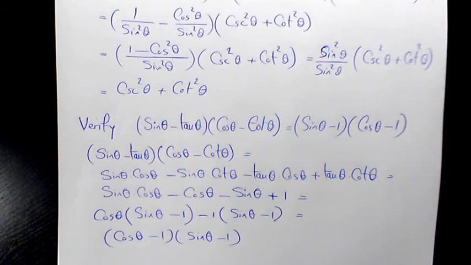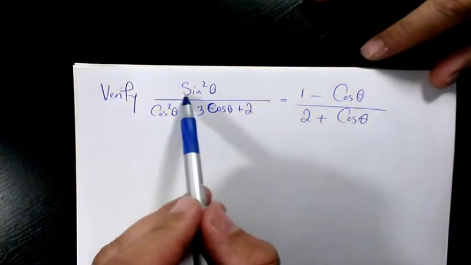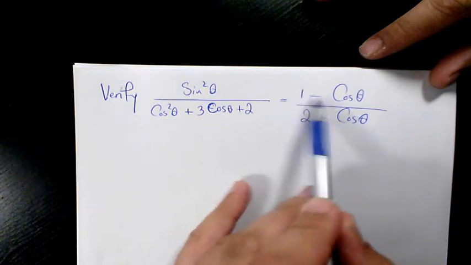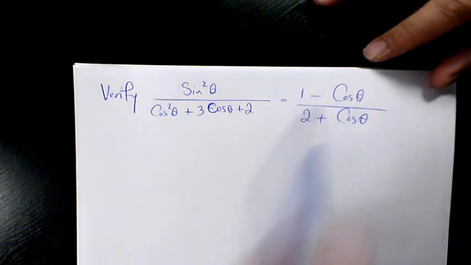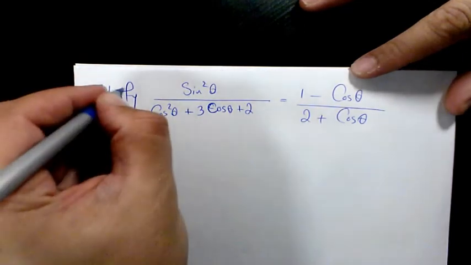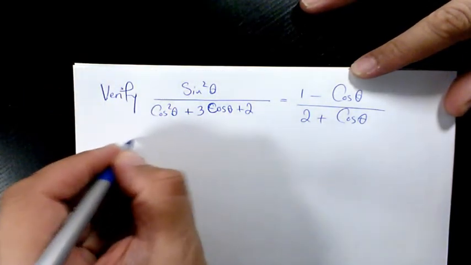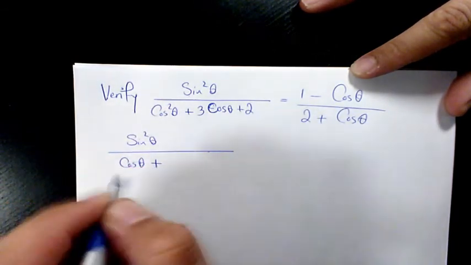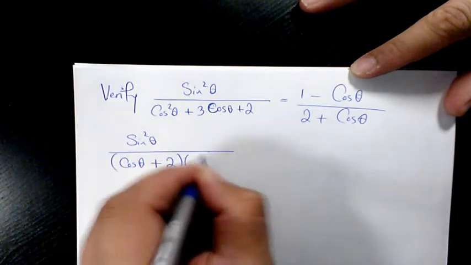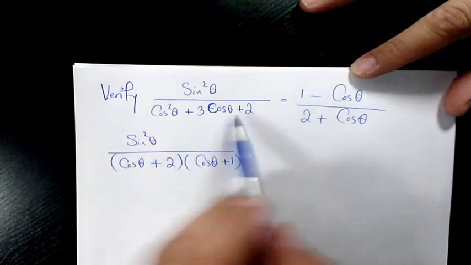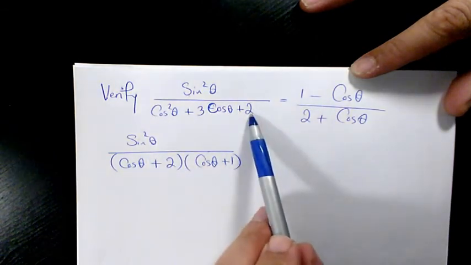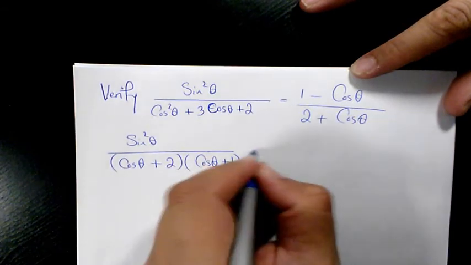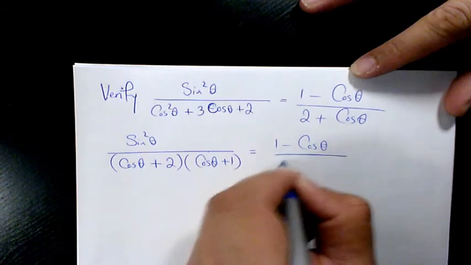So in this example, it says verify sine squared theta over cosine squared theta plus 3 cosine theta plus 2 equals 1 minus cosine theta over 2 plus cosine theta. So we have basically sine squared theta over cosine plus 2 times cosine plus 1. When you factor this, that's the quadratic formula. Product to 2 and add to 3. It's going to be 2 and 1.